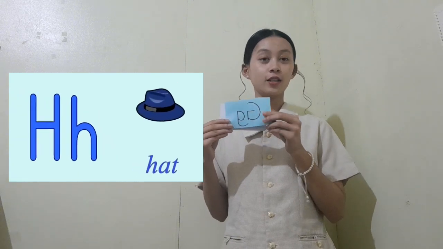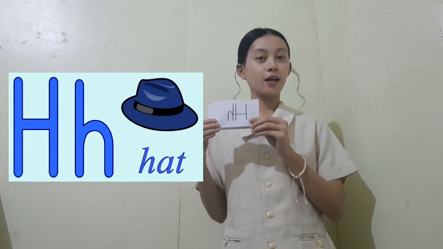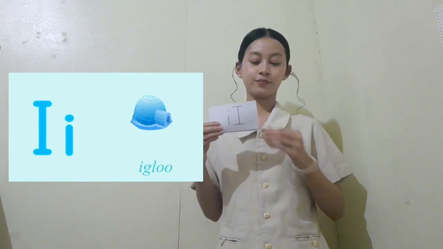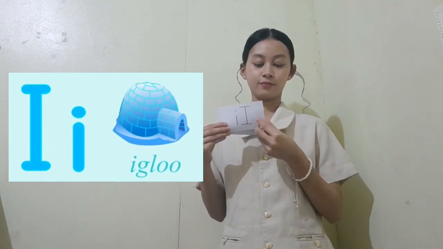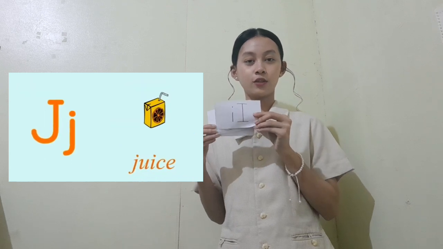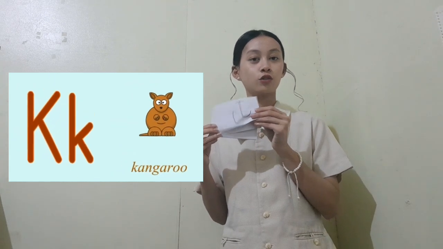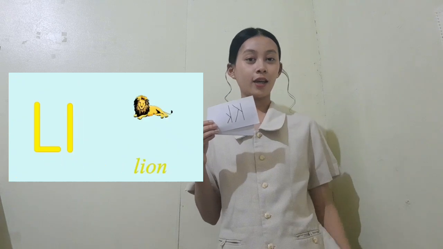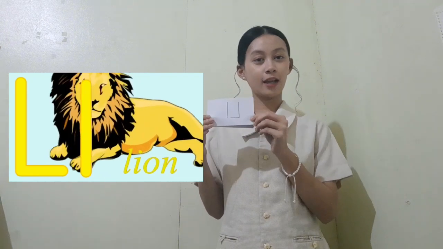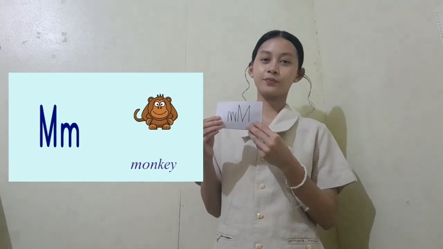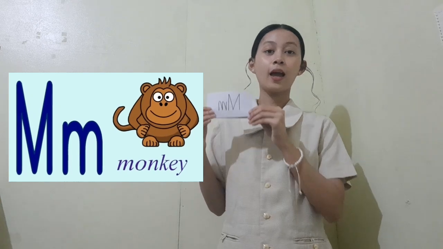H is for hat, hat. I is for igloo, igloo. J is for juice, juice. K is for kangaroo, kangaroo. L is for lion, lion. M is for monkey, monkey.